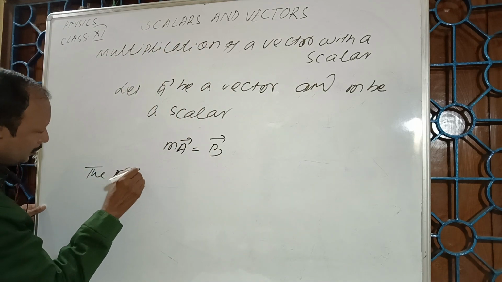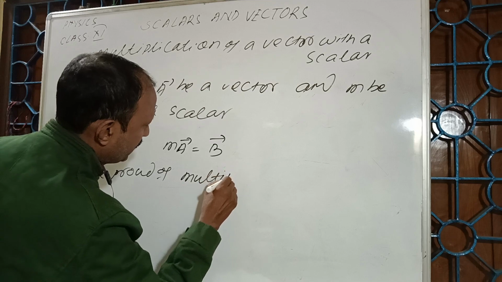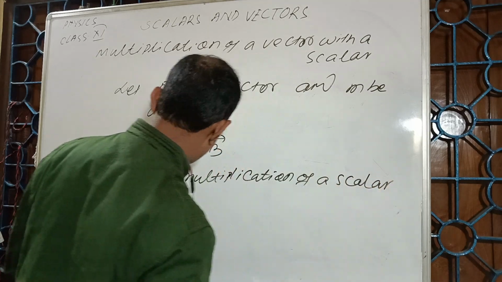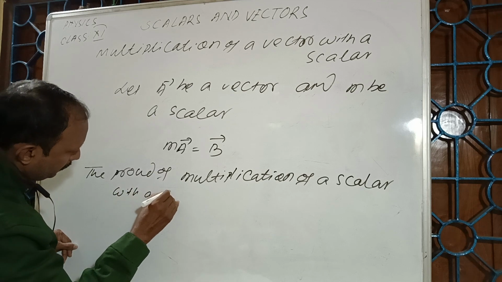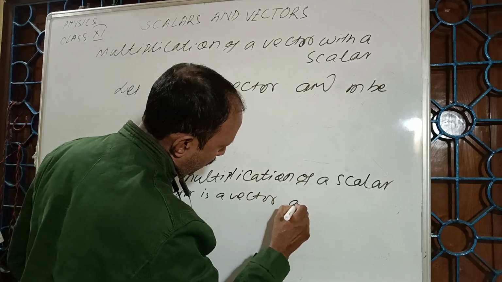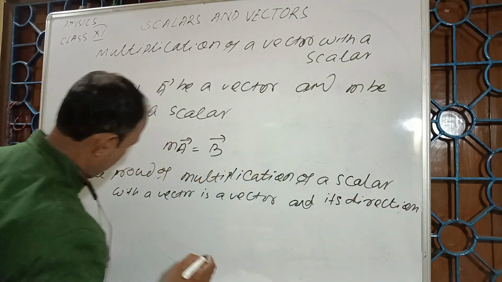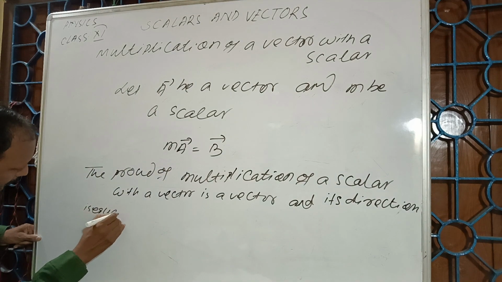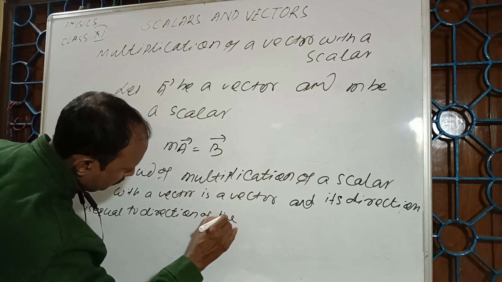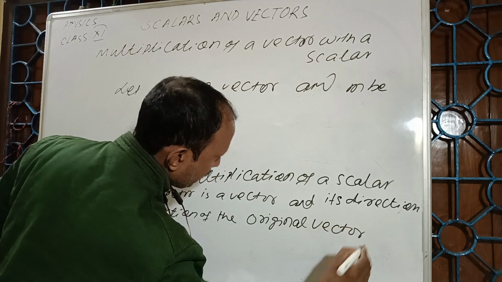The product of multiplication of a scalar with a vector is a vector and its direction is equal to direction of the original vector.